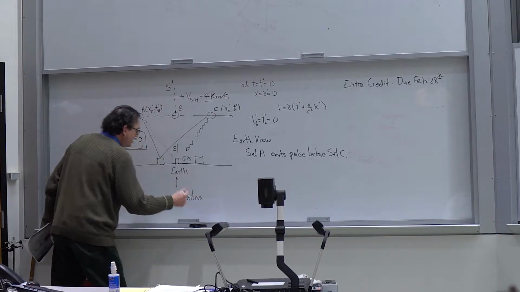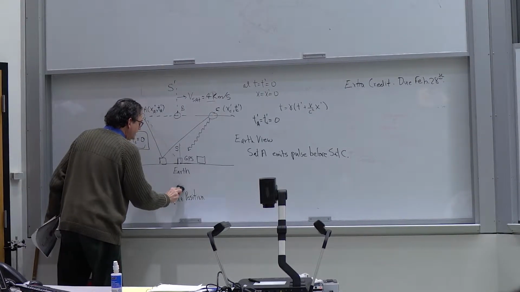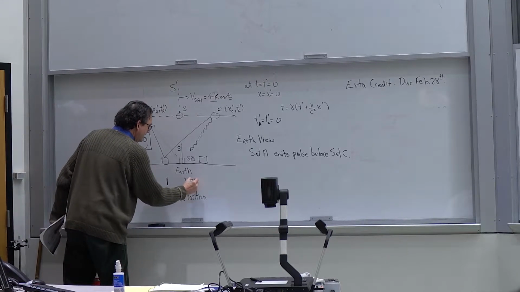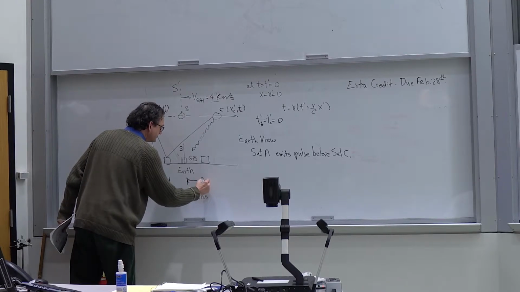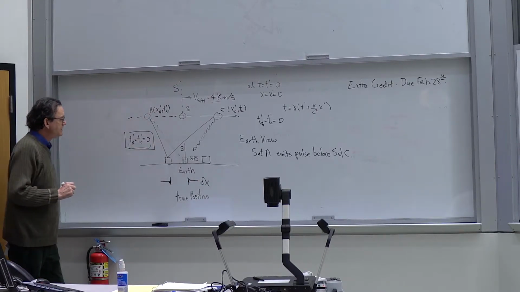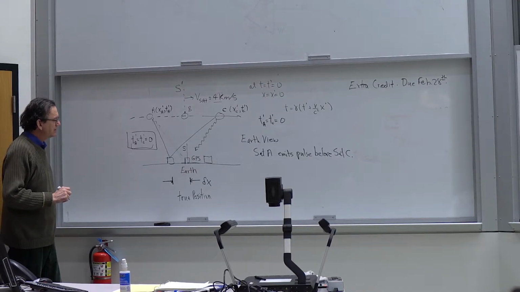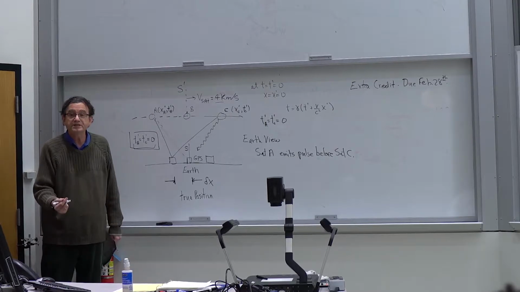So he calculates where he is. And the goal of this problem is to say, what is the error that the GPS calculates? And we call this error delta x. What is the error in the position that the GPS calculates if it ignores relativity?